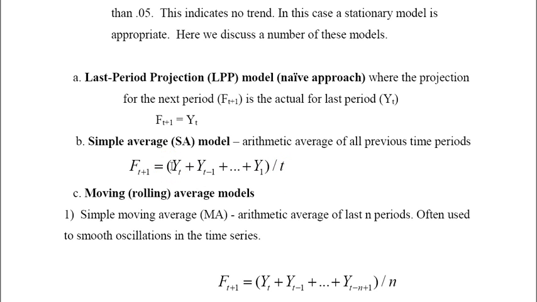Sometimes somebody might suggest that these two models are called naive and simple because the first one just gives you the last period. Well, if the last period happened to be very low sales or very high sales, my projections for the future are going to just follow that period. The second one suggests that I should average the whole past to get my forecast for next period.